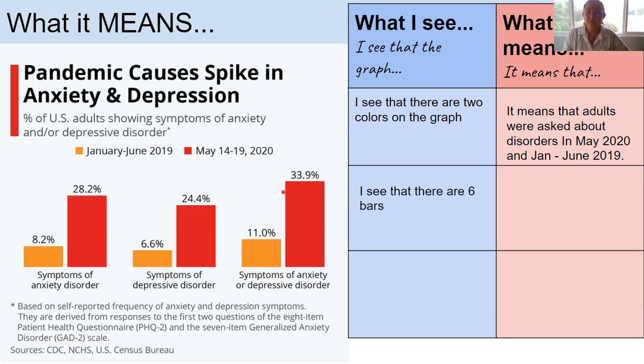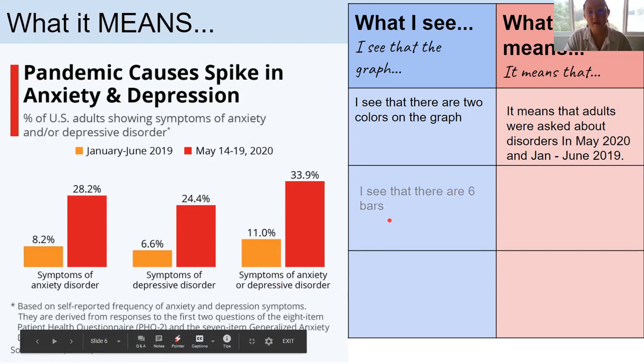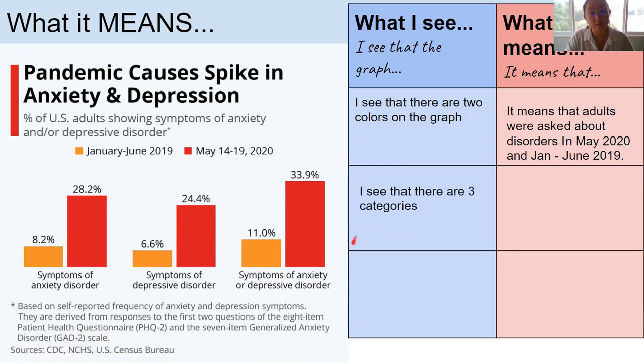So I put an example of an observation, that I see 6 different bars. And then I asked the class, do we think that this is a helpful observation, or do we think that it's not very helpful? And students decided that this was a not very helpful observation, because seeing 6 different bars doesn't actually tell us a whole lot. And so one student brought up that a better one would be that I see there are 3 different categories.